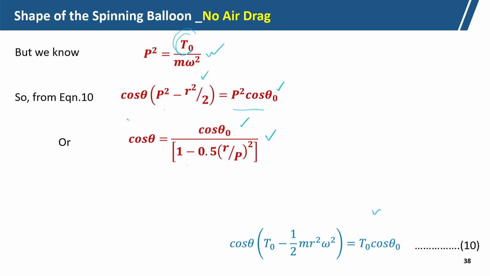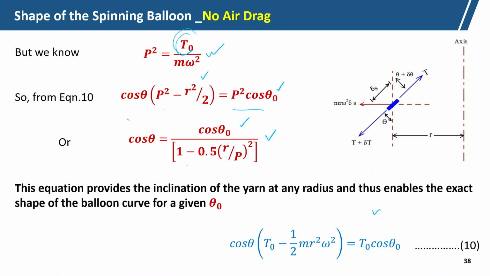So, that is the relationship by which we can calculate cos theta, and now this equation provides the inclination of the yarn at any radius. So, the yarn inclination changes at any radius, and thus enables the exact shape of the balloon curve for a given theta 0.